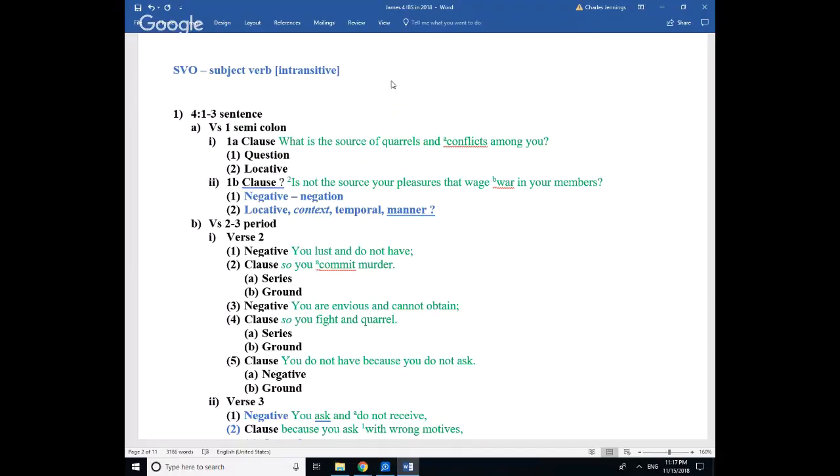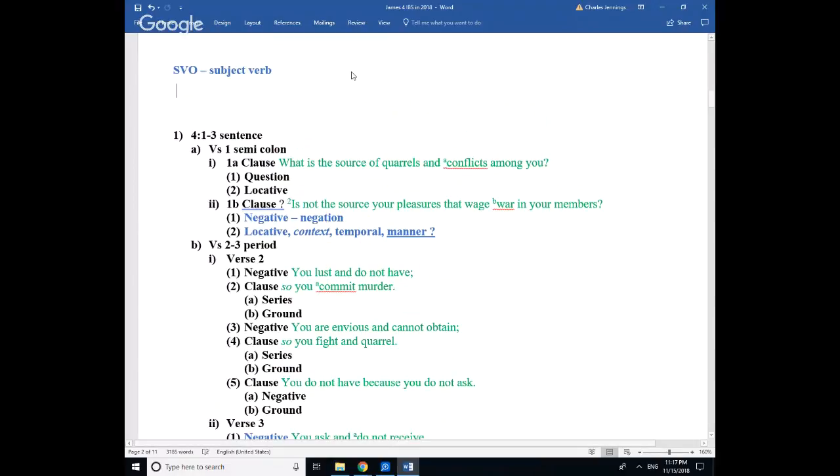And when it does have an object, we call it transitive. So when you're talking about clauses, yes, that's a clause if it has a subject and a verb. But this is an independent clause.